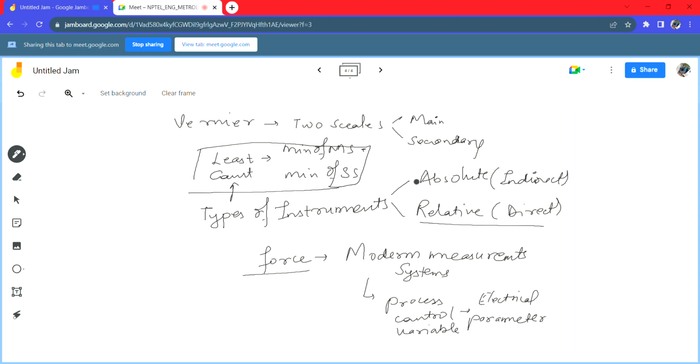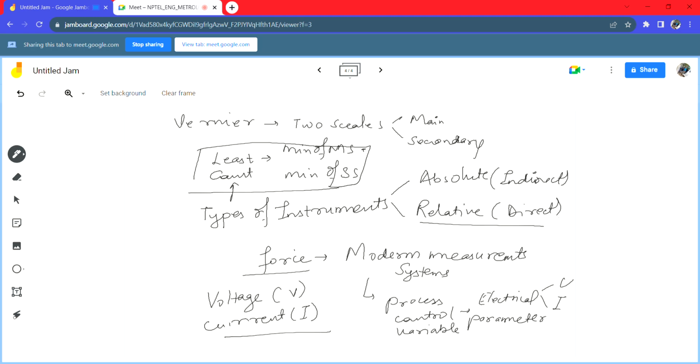And what are these electrical parameters? They are basically voltage and current. So what happens in today's instrumentation is we always get the answers in terms of voltage and current.